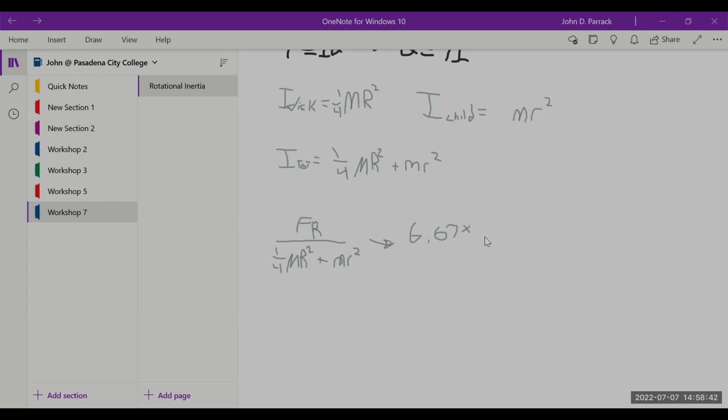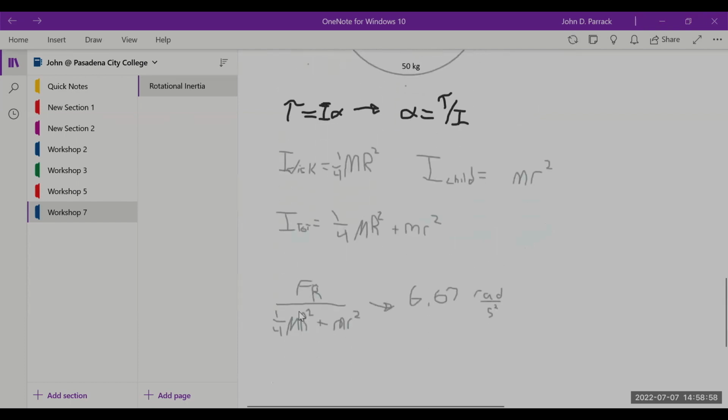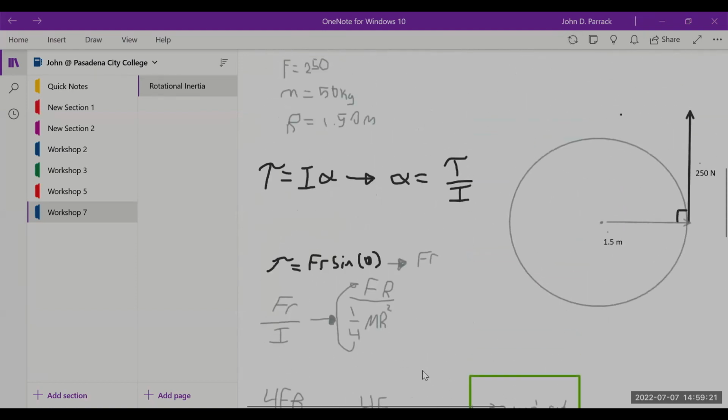We don't need to worry about that. 6.67 radians per second squared. All right. And so for our same torque, we had to contend with this different rotational inertia. We were dividing by the rotational inertia to find the angular acceleration that we achieve, and we find it's 6.67 radians per second squared with the child on.